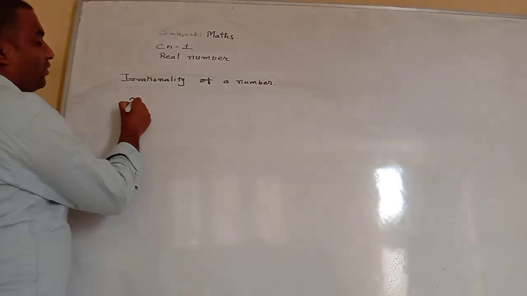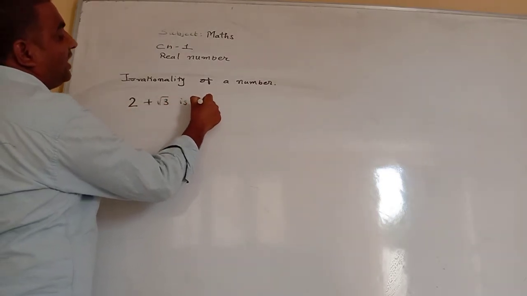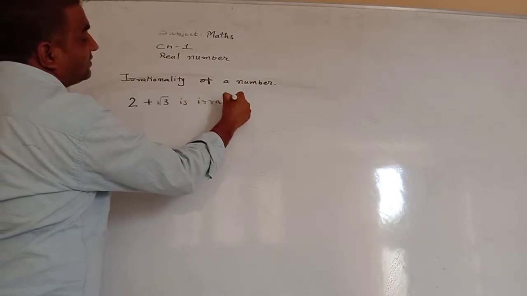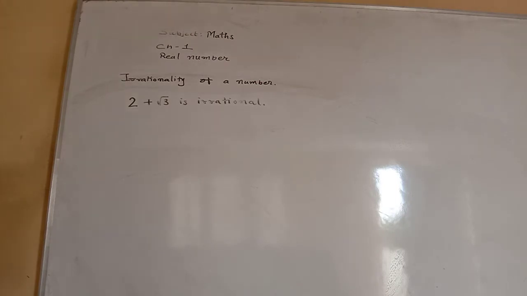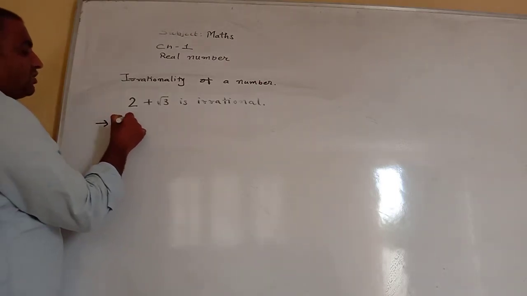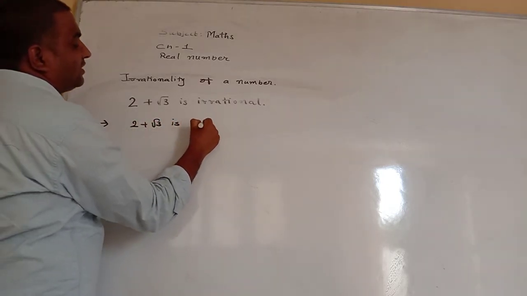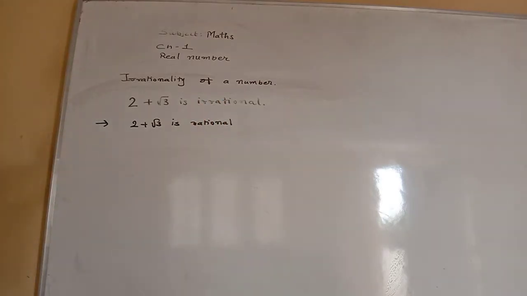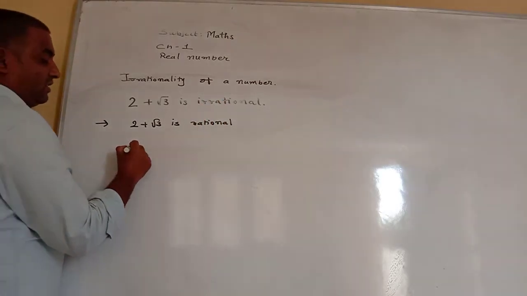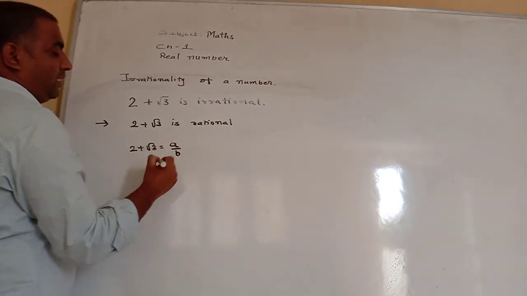Now let us prove that 2 plus root 3 is irrational. Again we will go by the contradiction method. So let 2 plus root 3 be rational. As 2 plus root 3 is rational, we can write 2 plus root 3 equals a by b.